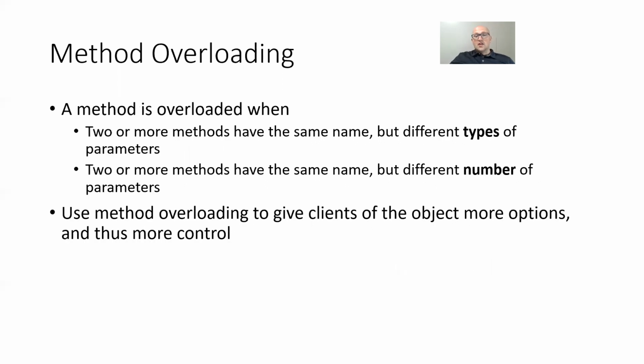So very first, let's talk about overloading. A method is overloaded when the method has the same name, but it has different counts or different types of parameters. Let's say I had a method called add, and that method accepted 2 ints.